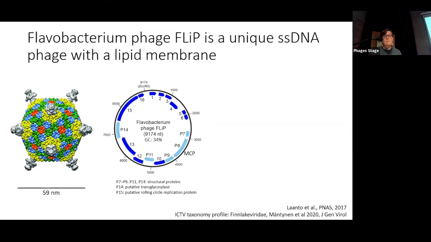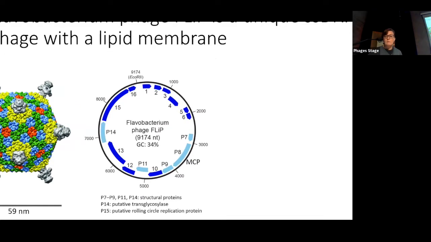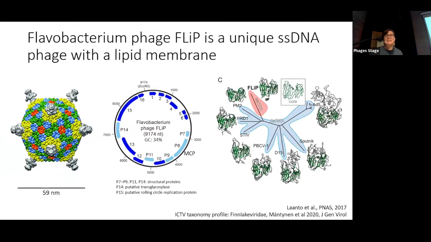So although we don't have much sequence similarity to other known phages, when we look at the structural level, the fold of the major capsid protein, the P8, we can see structural similarities to, for example, PM2, the Corticoviridae phage major capsid protein. The major capsid protein has a double beta barrel fold. And this protein fold is found also in other major capsid proteins in viruses infecting all domains of life.